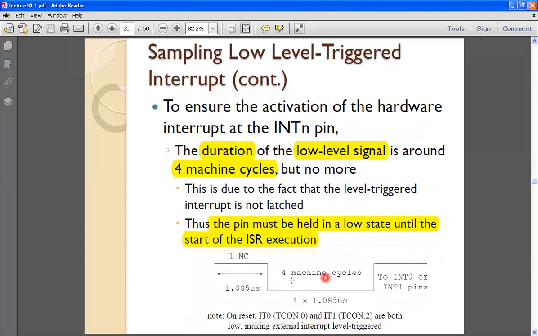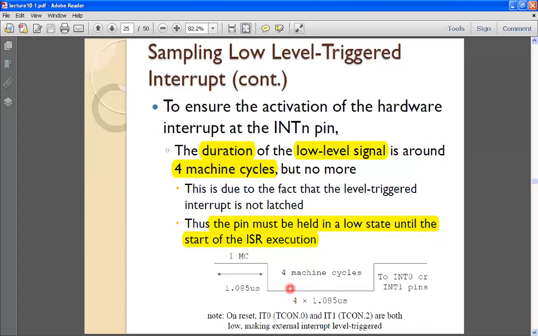So here the duration of this low level signal must be at least 4 machine cycles, and the equivalent time is 4 into our 1 machine cycle time, that is 1.085 microseconds. So around 4 microseconds is required for the low level signal.